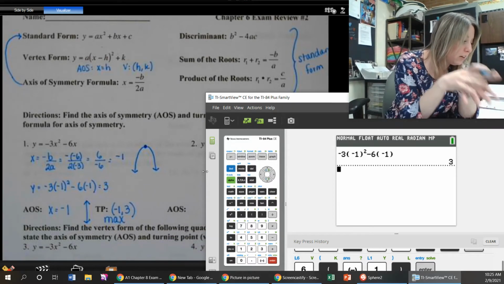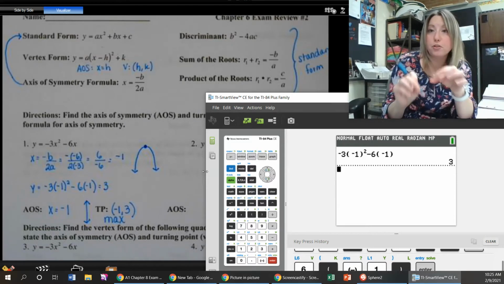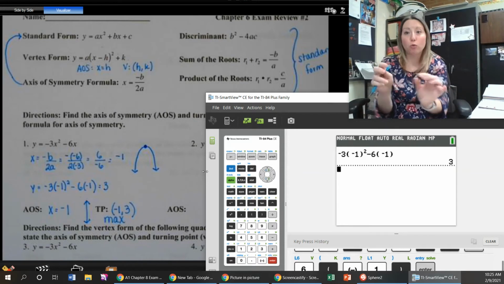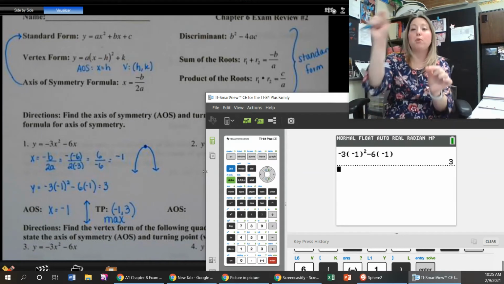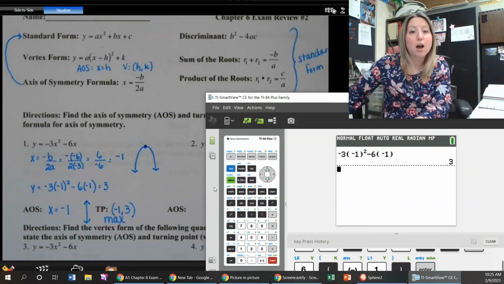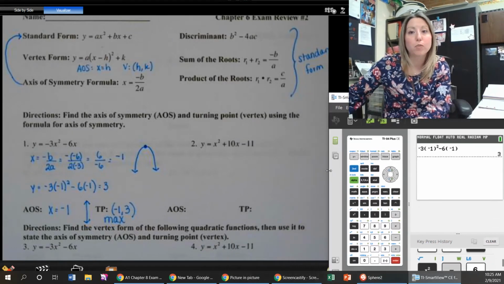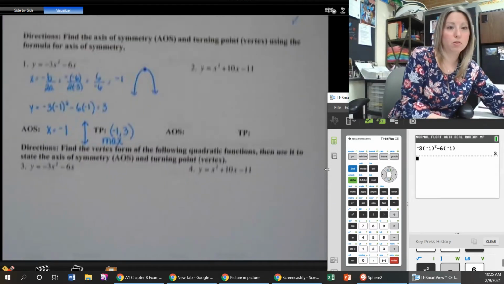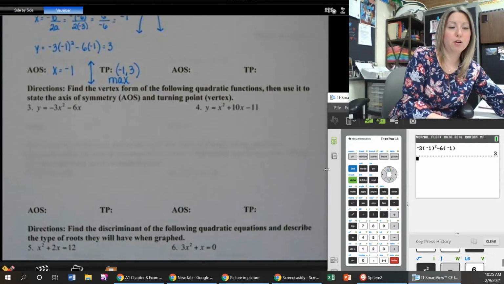I need to find the vertex form of this quadratic function. So I need to take it from standard form and put it into vertex form, which means that as I do that, I'm going to have to complete the square. So let's complete the square here.